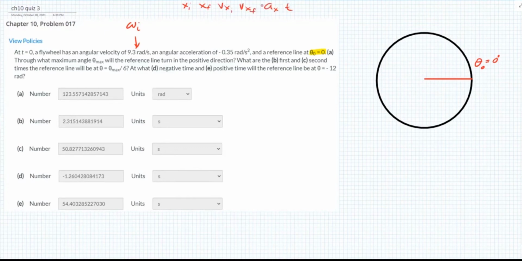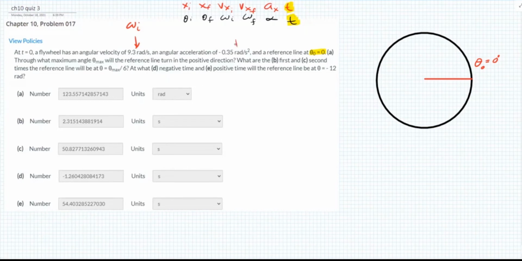We have the same thing going on here, except now it's theta initial, theta final, omega initial, omega final, alpha, and t. So they match up very nicely. And notice that time in the linear world is the same as time in the angular world. All right. So they're basically giving us a bunch of kinematics variables.